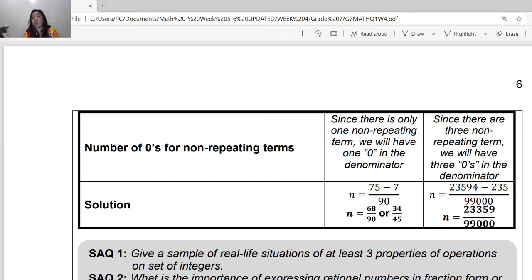And there are 3 non-repeated numbers, 2, 3, 5, so there are also 3 zeros. 23,594 minus 235 is 23,359 over 99,000. So that's it.